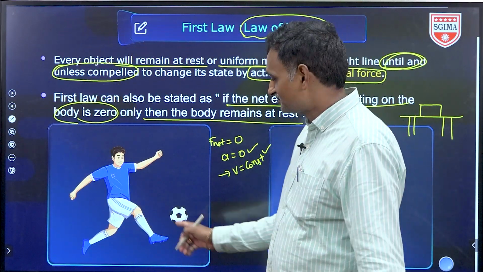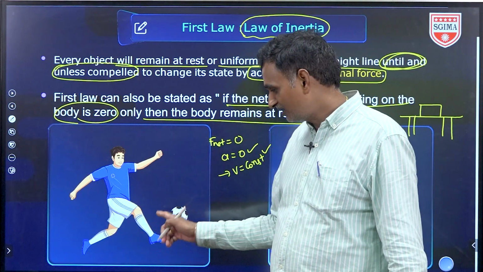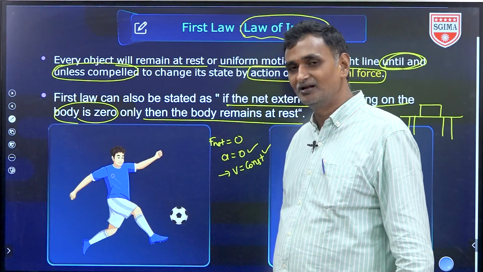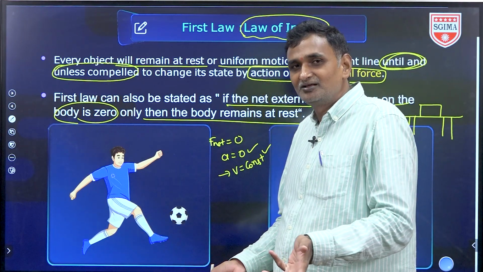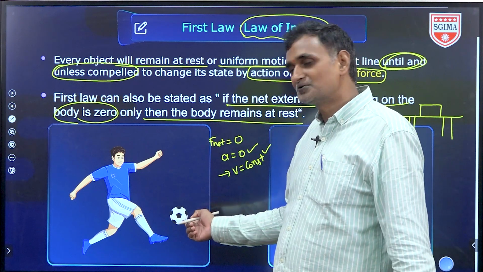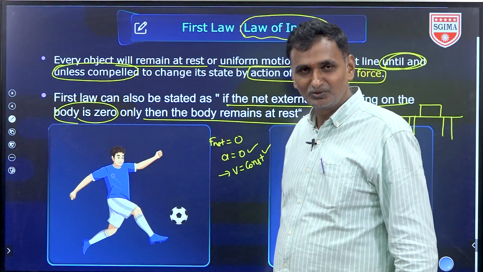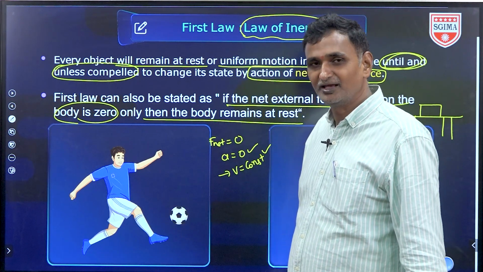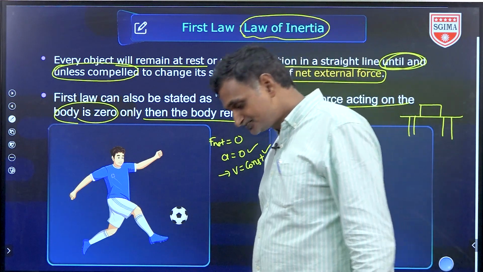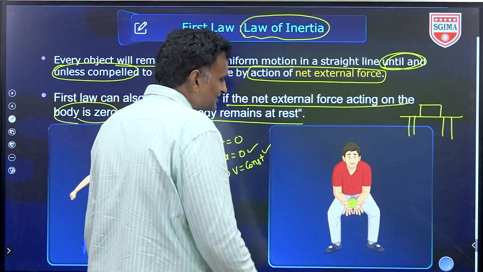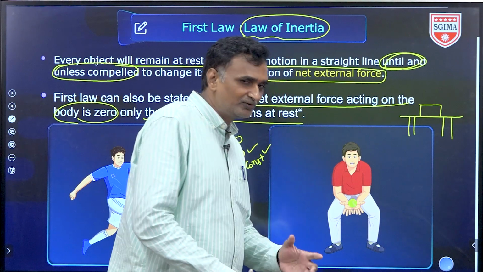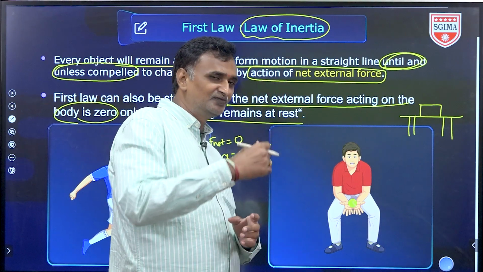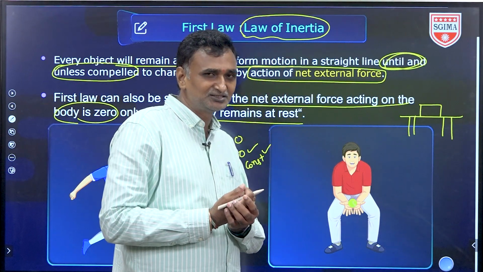See, he was kicking a ball, and if he is unable to kick, or if he won't kick, the ball will be at rest only. Means there is no force, no acceleration, and velocity is also 0. Next, he was catching a ball actually. The ball is coming from a cricket batting person, suppose.